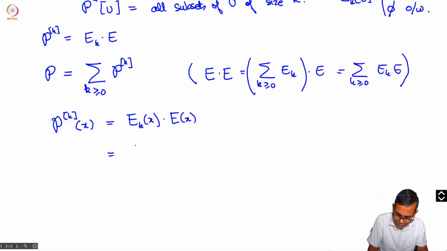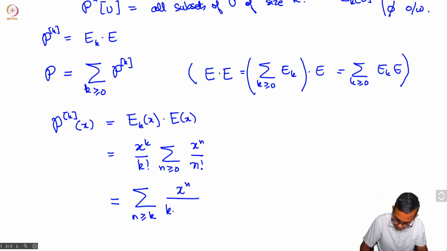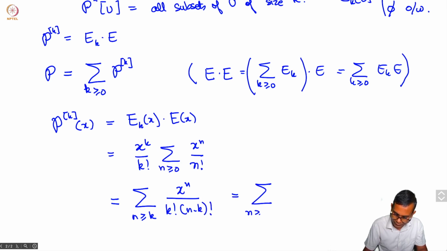So it's the sum of x to the power k by k factorial times the sum over n greater than or equal to 0 of x to the power n by n factorial, which is the sum over n greater than or equal to k of x to the power n, and I can write this as n factorial by k factorial times n minus k factorial, times x to the n by n factorial.